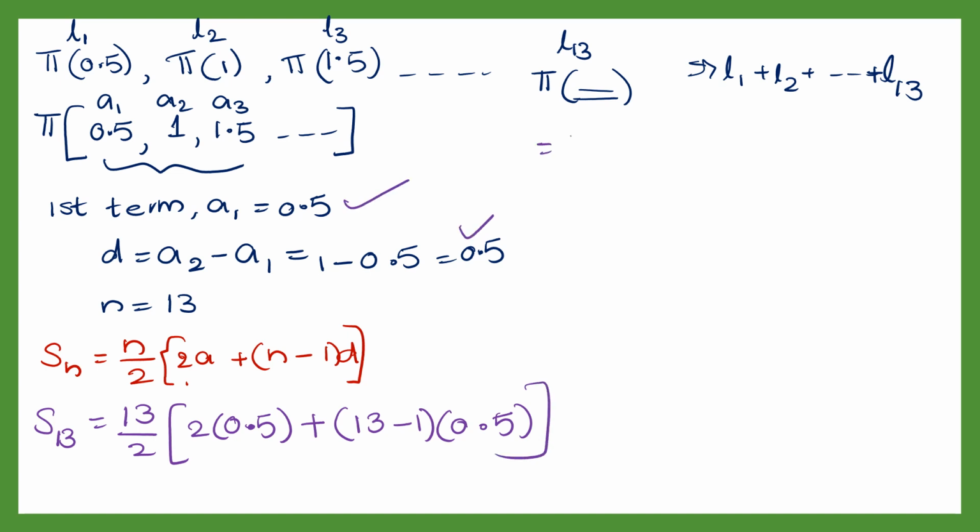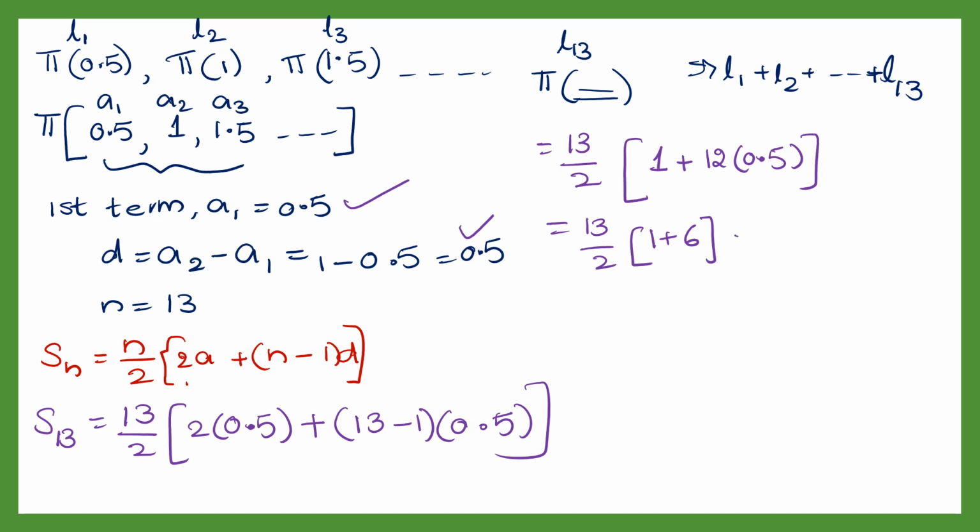Substituting, we get 13 by 2 into 1 plus 12 into 0.5, which is 6. So we get 13 by 2 into 7. 13 sevens are 91, so 91 by 2. Now we have the sum of 0.5, 1, 1.5 and so on.